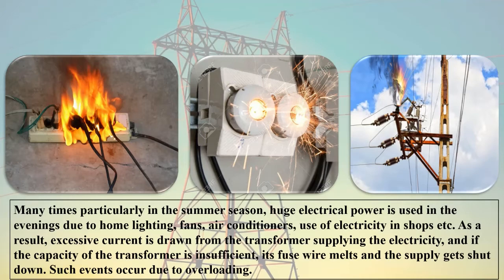And what happens is the wires tend to melt. When the wires melt, what happens? An electrical spark is generated and because of this fire is caused. Such an event is caused due to overloading. So if too much electric current is used, it also generates an electrical spark and creates fire.